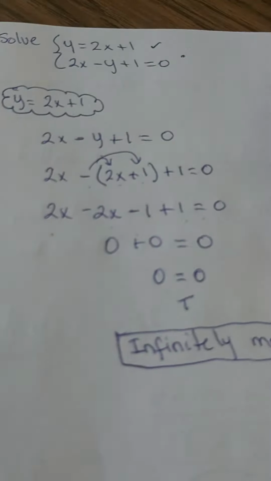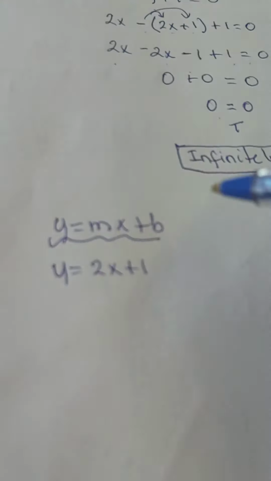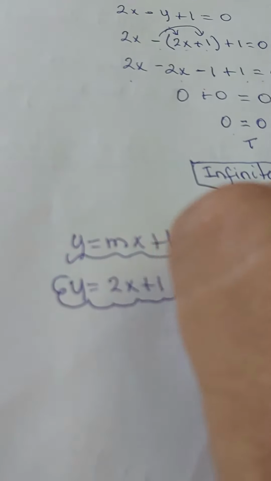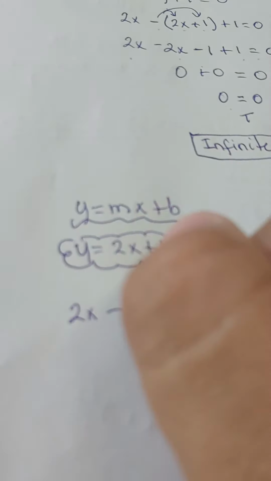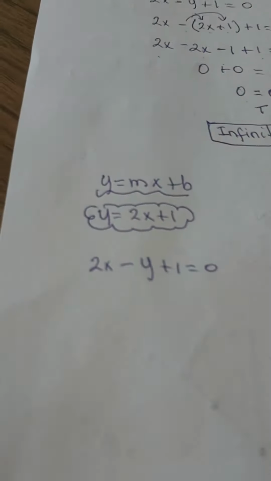Again, our first equation is already in slope-intercept form, y equals mx plus b. Okay, the first equation is in the form y equals 2x plus 1. Now, the second equation, 2x minus y plus 1 equals 0.